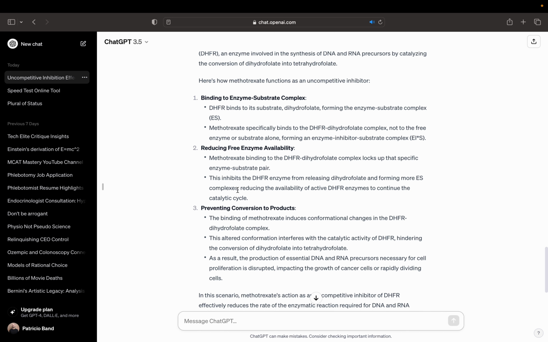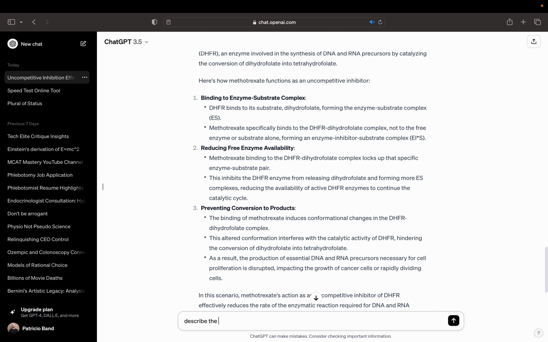So, how does the binding of methotrexate, being the inhibitor, to the DHFR ES complex lock up that specific enzyme substrate pair? How does it lock it up? We know it's conformational, but how? Like, we want a picture, right?